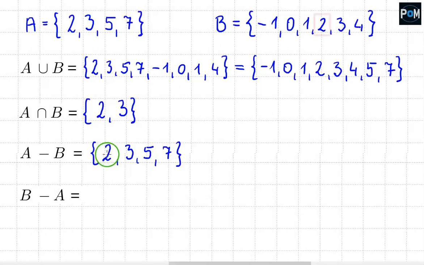Do I need to remove 2 from this set A? 2 is here, but 2 is also in set B, and everything that's in set B, I have to throw away. So I'm throwing away 2. 3. There is a 3 in set B, so I must remove this 3 as well. There are no 5s in set B, no 7s in set B, so here the difference ends. Writing it down in the nice version, it is 5 and it is 7. This is the difference A minus B.